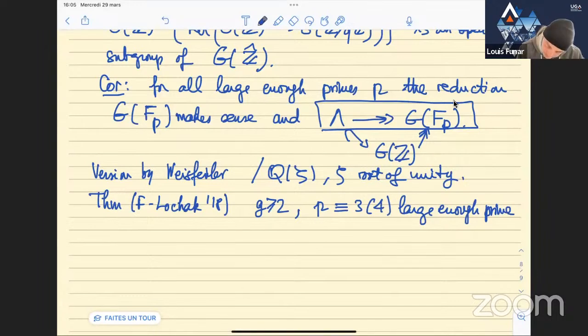Then there exist some representations of the mapping class group of the surface of genus G with one marked point.